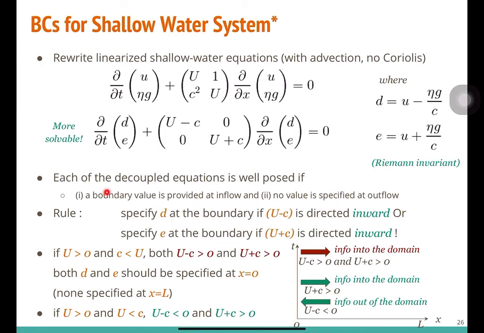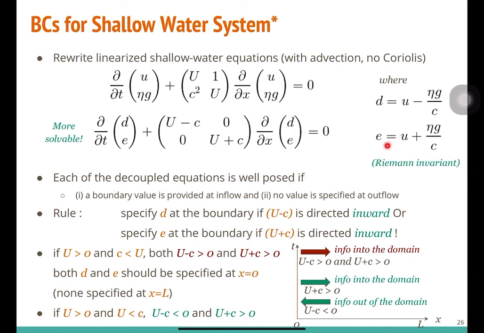And each of the decoupled equations is well posed if a boundary value is provided at the inflow and no value is specified at the outflow. We have to specify the boundary condition for d and e when it's having its inflow at a boundary.